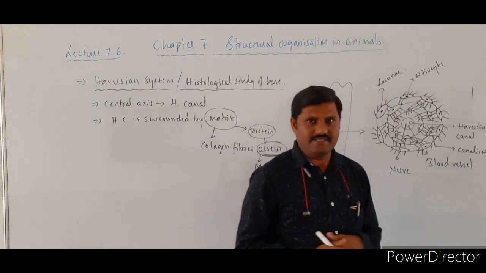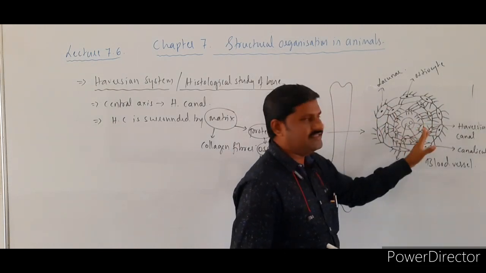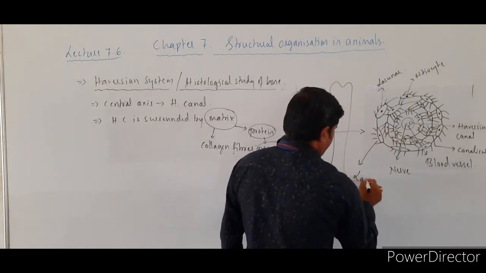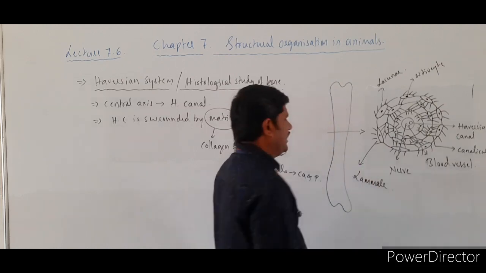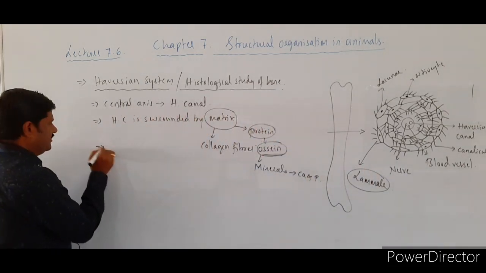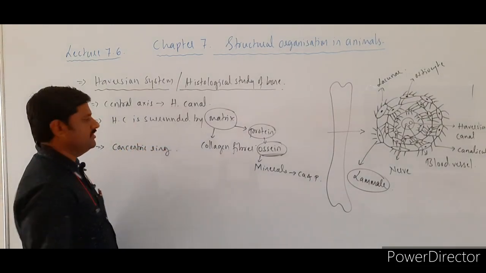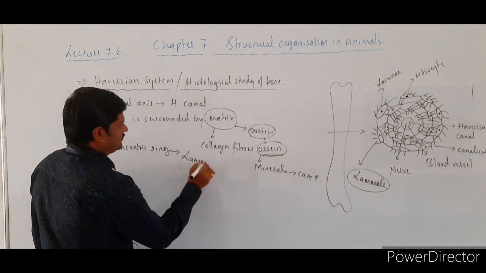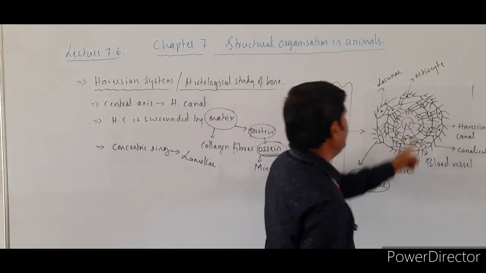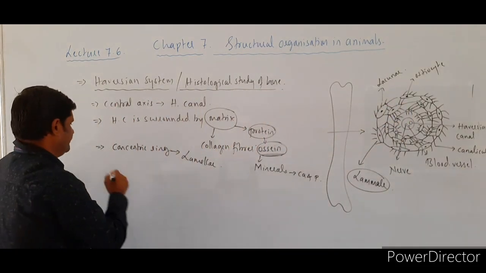Apart from this, you are seeing some concentric rings over here, and each concentric ring of the Haversian system is called lamellae.